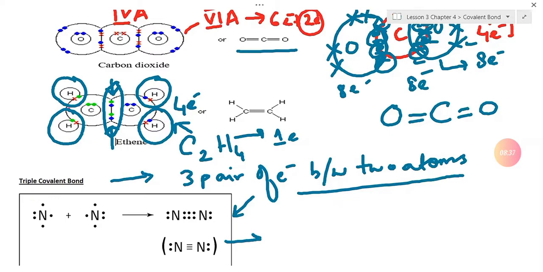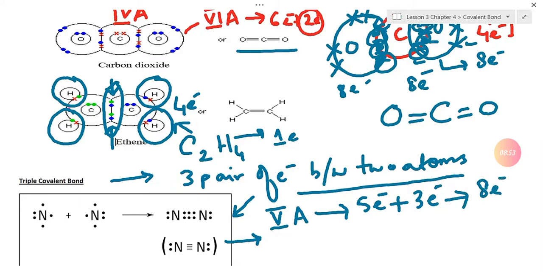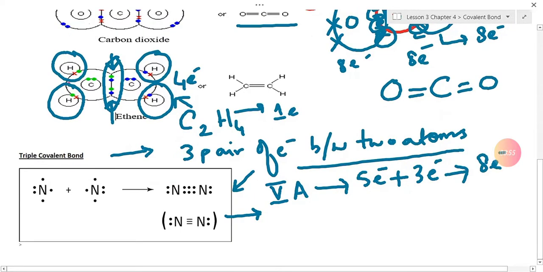Each nitrogen belongs to group 5A. So it has 5 electrons of its own and needs to gain or share 3 more electrons to form 8 electrons. This sharing of 3 electrons will take place between both the nitrogens.